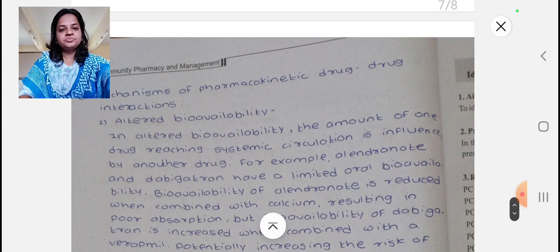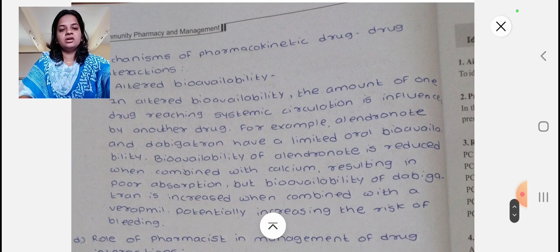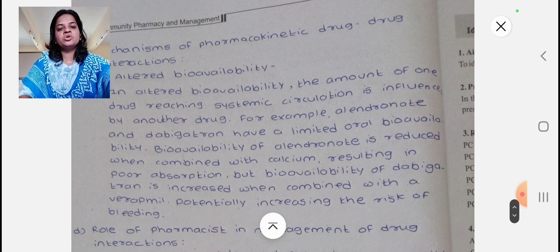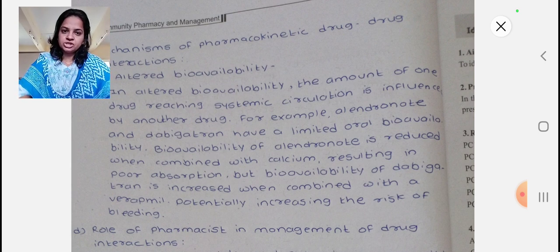The mechanism of pharmacokinetic drug interaction that we explain here is altered bioavailability. In altered bioavailability, the amount of one drug reaching the systemic circulation is influenced by another drug. For example, alendronate and dabigatran have limited oral bioavailability.